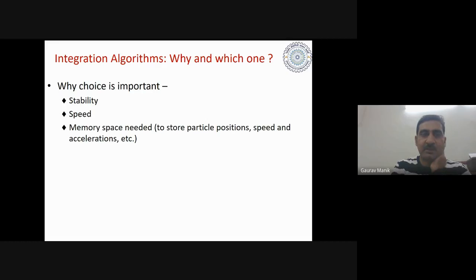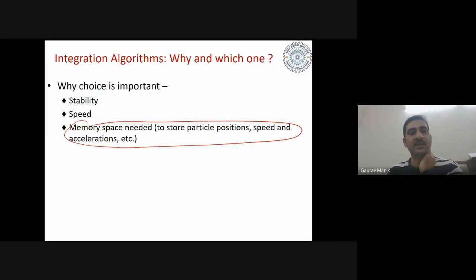You will need memory space if you're working with more second order, third order derivatives in the integration algorithm. Your speed might go down, and then the third factor is stability. The integration algorithm primarily governs the calculation of the positions and the velocities, and that will depend upon these factors.